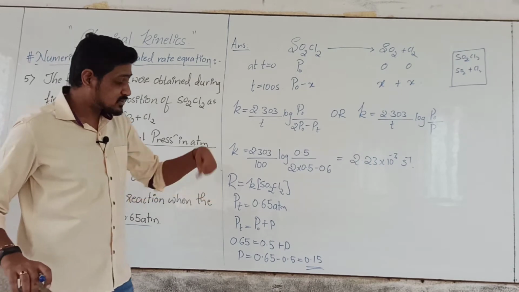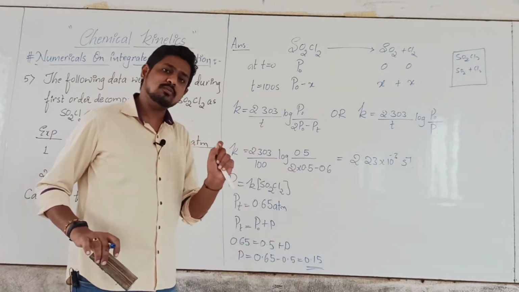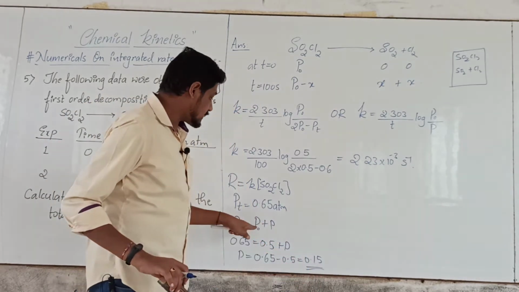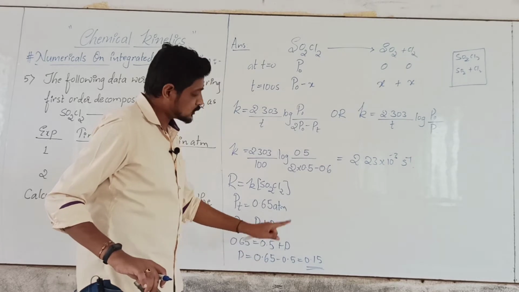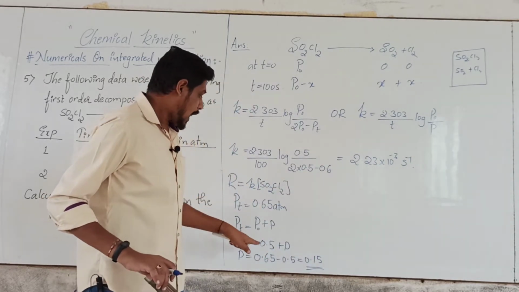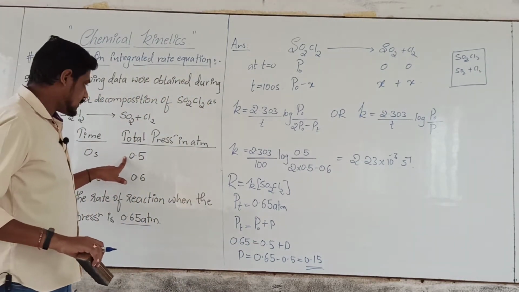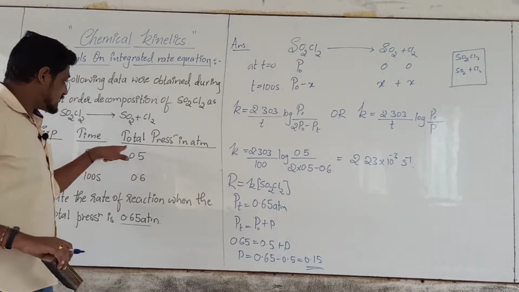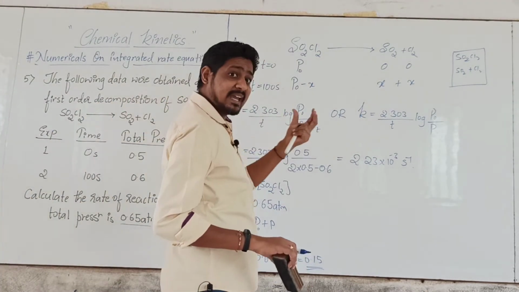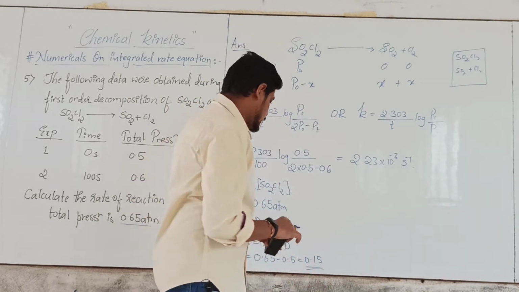We get this as 0.15. So the extra pressure that has increased is 0.15. What do you mean by this? The pressure has increased by 0.15 compared to the initial pressure. This means that out of the initial pressure, some amount of sulfuryl chloride has again decomposed, this much amount.